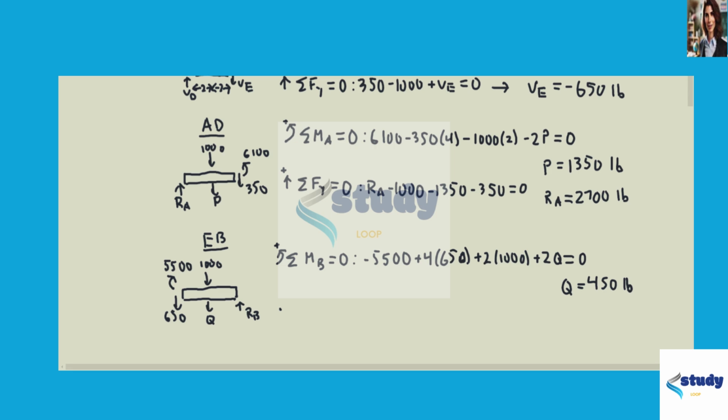And next we can sum forces in the y direction and set to 0. We've got reaction at B minus 450 minus 1,000 minus 650, and setting that equal to 0 gives us reaction at B equal to 2,100 pounds.